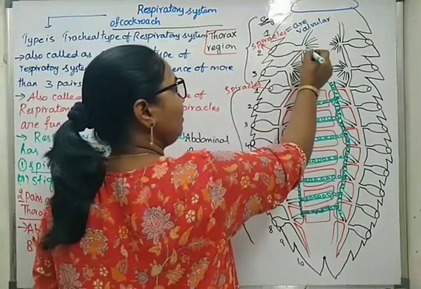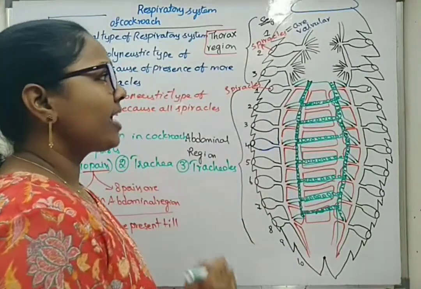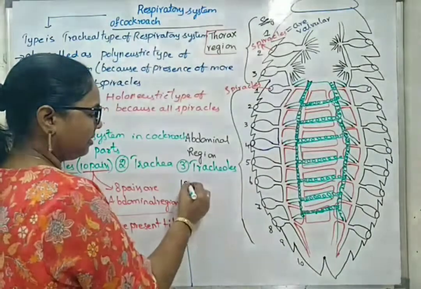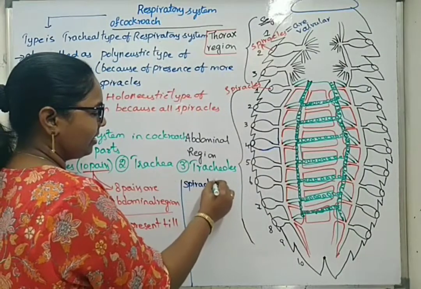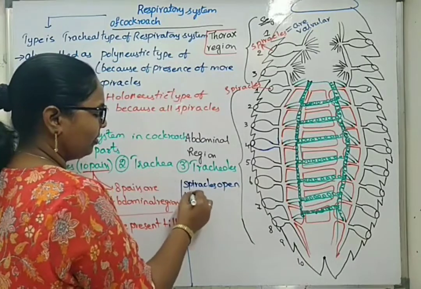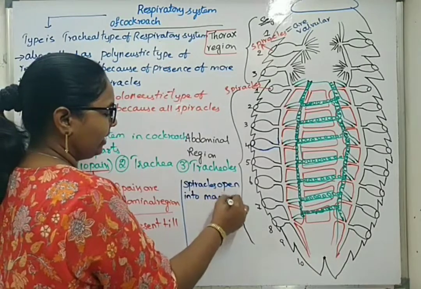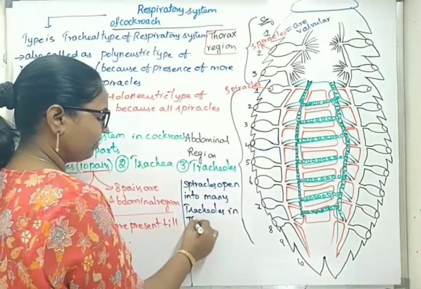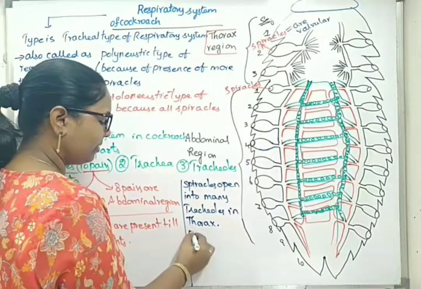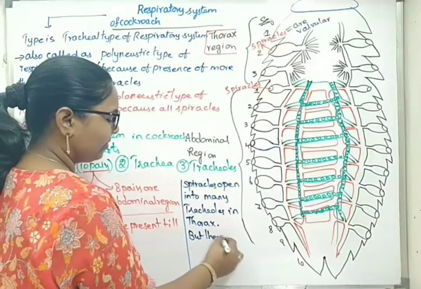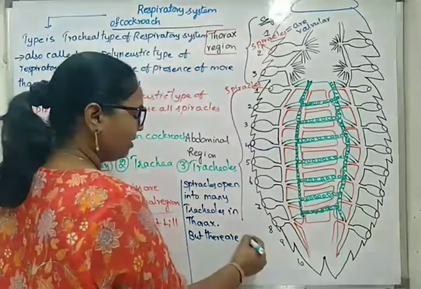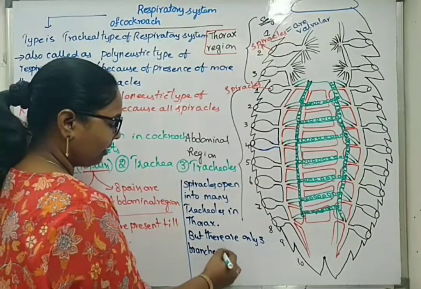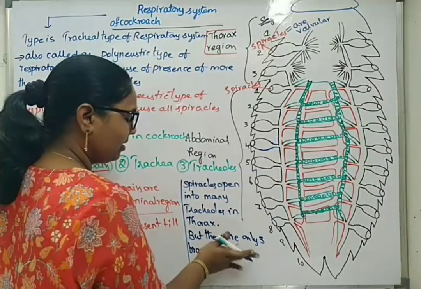Next, they are divided into many tracheary tubes in the case of thorax. Spiracles open into many tracheoles in the thorax, but there are only 3 branches in the abdominal trachea.